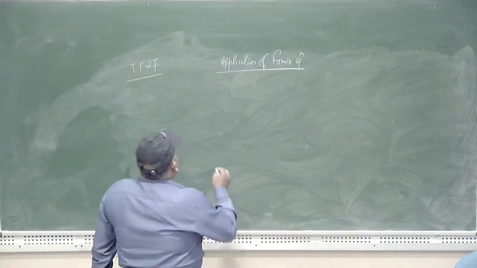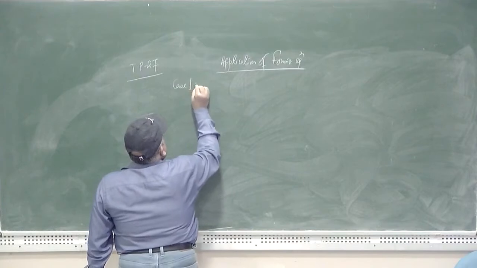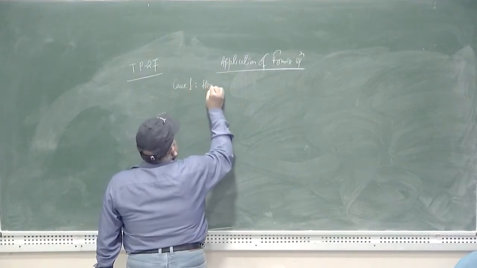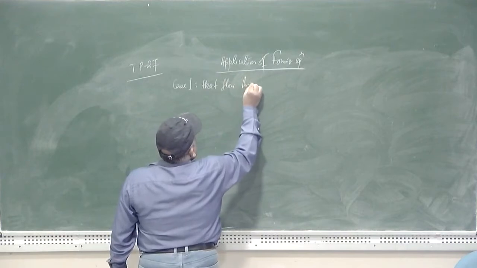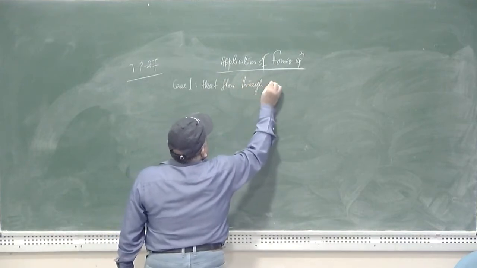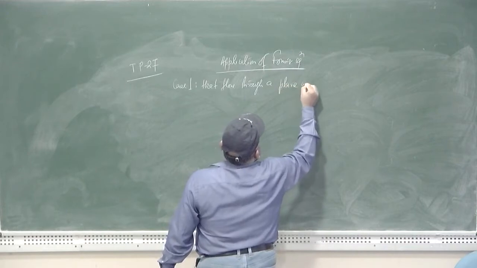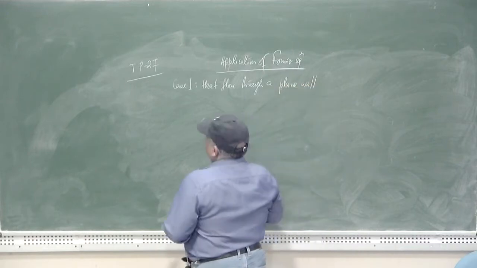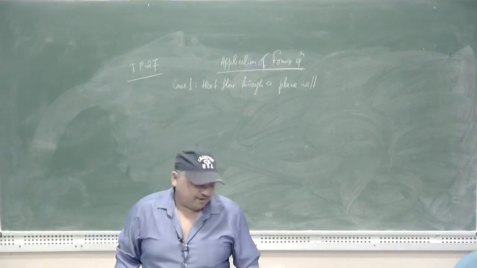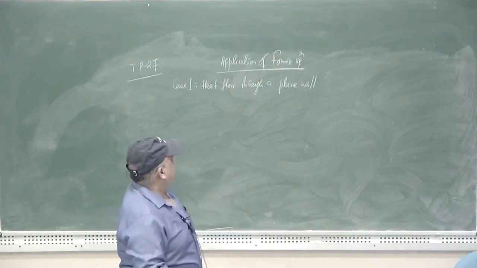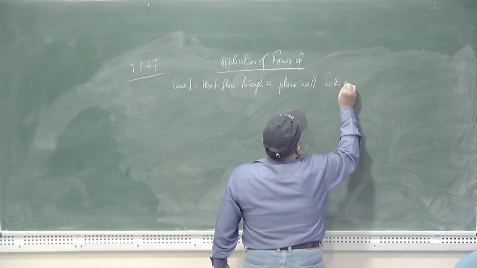So let us consider the case number 1. Case number 1, heat flow through a plane wall with no heat generation.